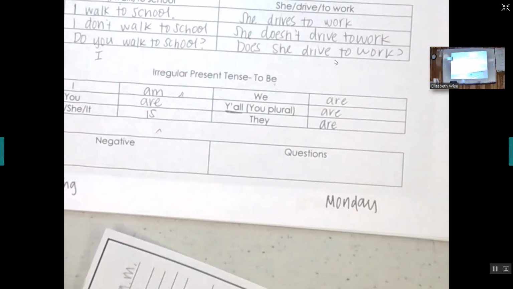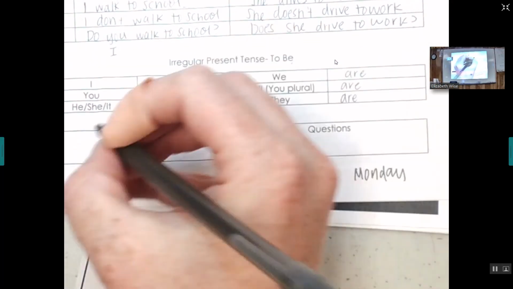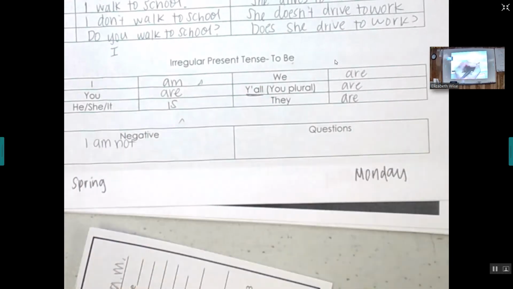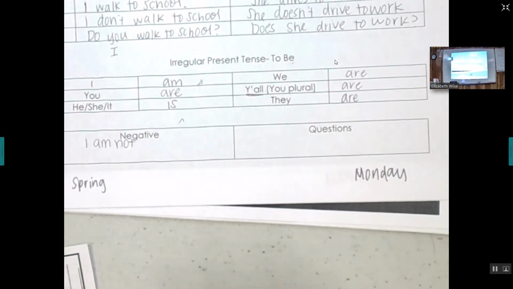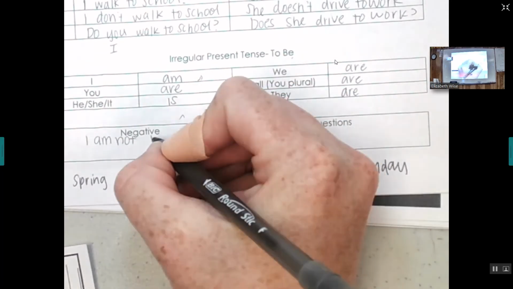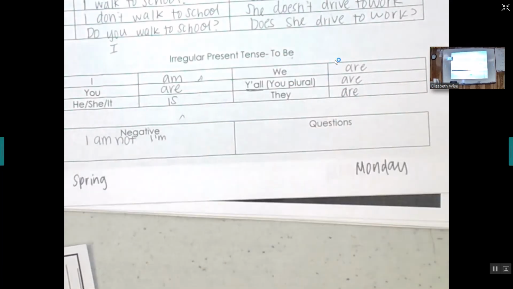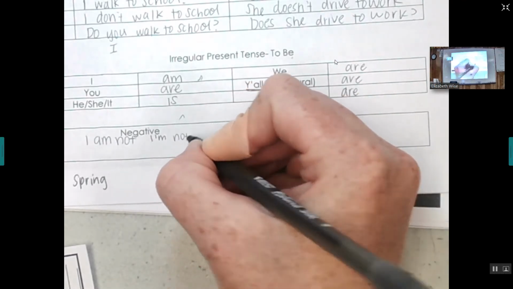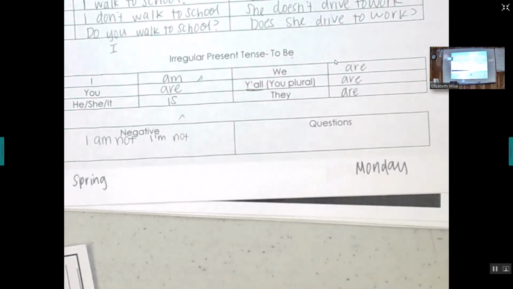Okay, so you just put the word not after the verb. So I am not. Okay? There's no contraction for am not. There is a contraction for I am. I'm, right? I'm not from Mexico.